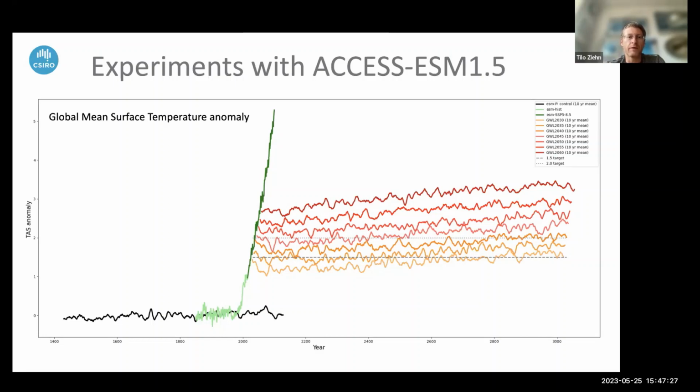So we have done 7 simulations so far, covering a range of potential temperature targets from about 1.2 to 3.5 degrees. And as you can see, at least in our ACCESS-ESM 1.5 model, we still see a small trend in those stabilized runs, but it's relatively small. It's about 0.3 Kelvin over a 1,000-year period.